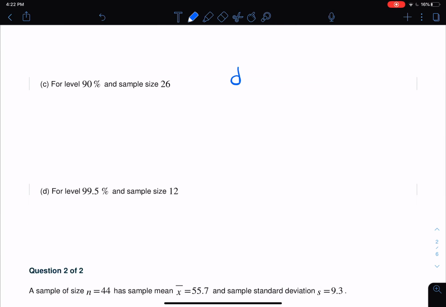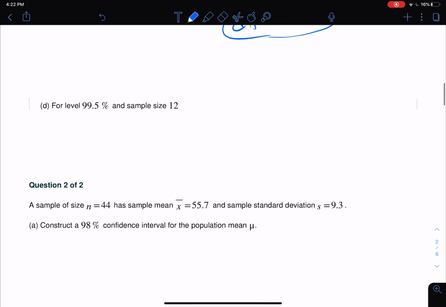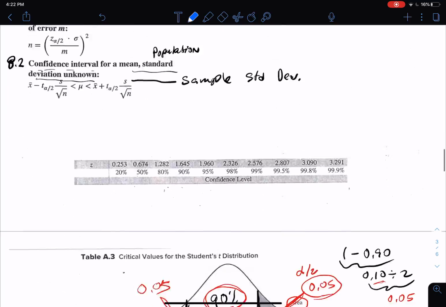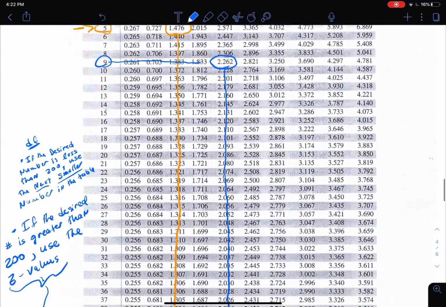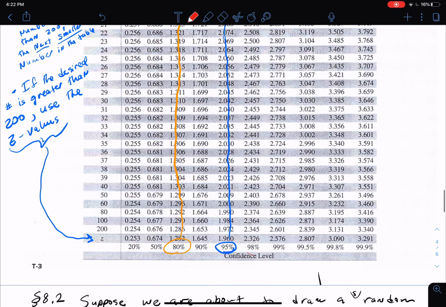So I'm looking at this. Degrees of freedom must be 26 minus 1. Degrees of freedom must be 25 with a 90% confidence level. There's a 90% confidence level.